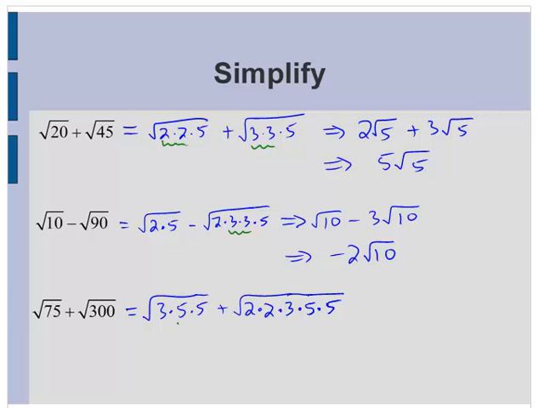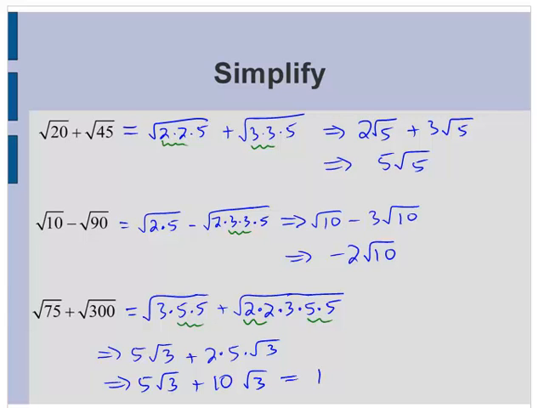So we have a factor pair in the first, and we have two factor pairs in the second. And so that would give us 5 times the square root of 3 plus 2 times 5 times the square root of 3, or 5 times the square root of 3 plus 10 times the square root of 3, which is 15 times the square root of 3.